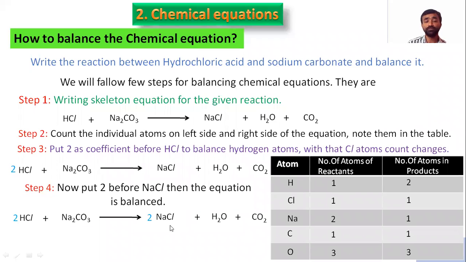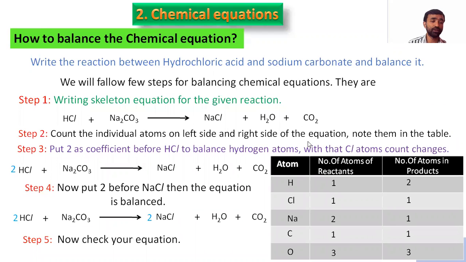Okay, so now checking your equation, it is balanced. Once again, counting that: the hydrogen count is 2 after changing the coefficients before the formulas. The final equation in step 4 is what I am using for checking in step 5.